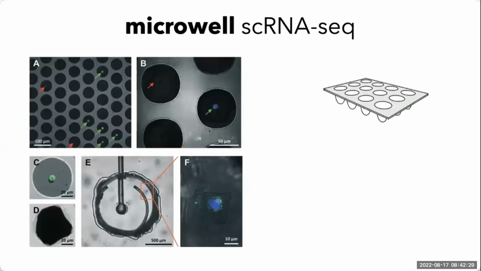In the first, microwell-based approaches, cells are isolated using a pipette or laser capture and then placed into these wells. One of the major advantages of these well-based methods is that they can be combined with fluorescence-activated cell sorting, making it possible to select cells based on surface markers.